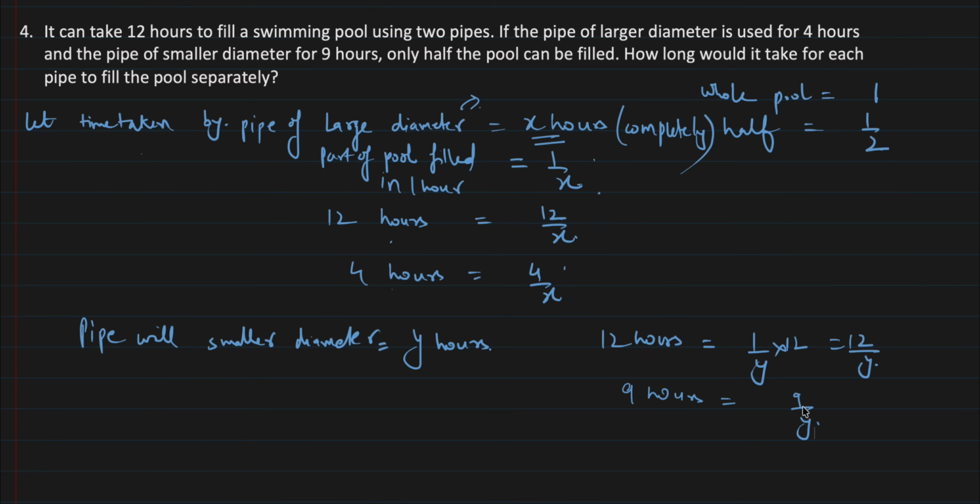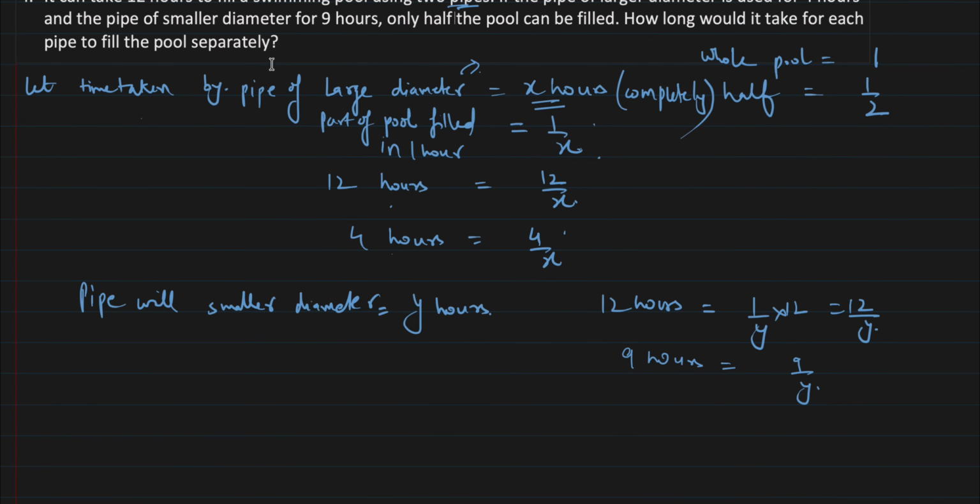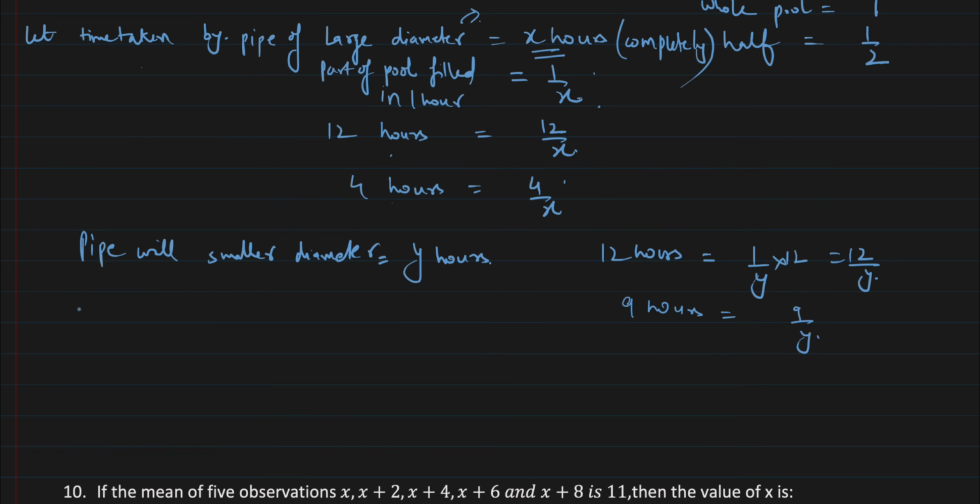Okay, so now there are two conditions given in the question. If both pipes work for 12 hours, they fill the pool completely. So condition number 1, that is 12 by x plus 12 by y is 1.